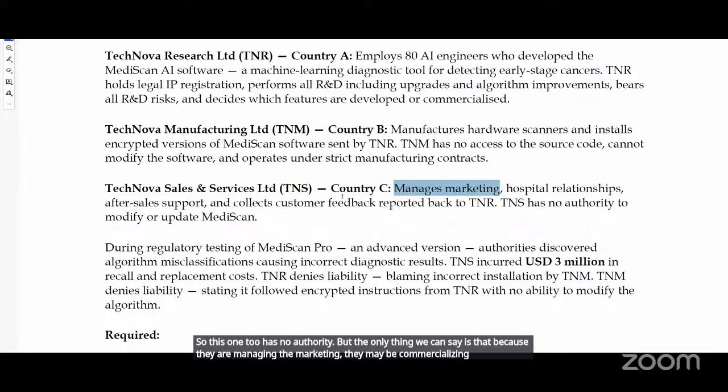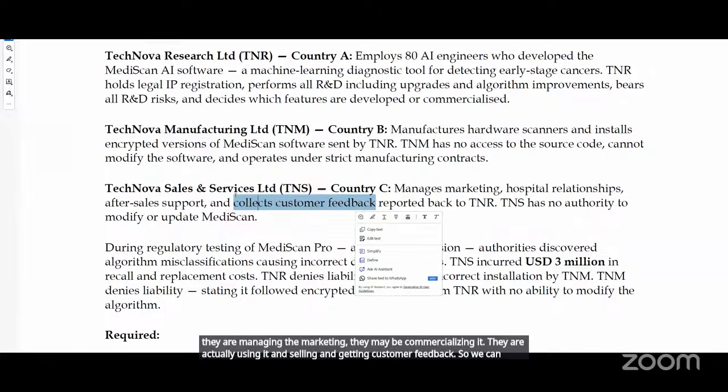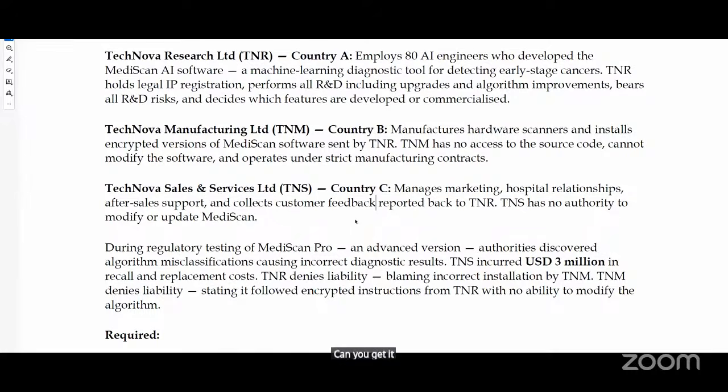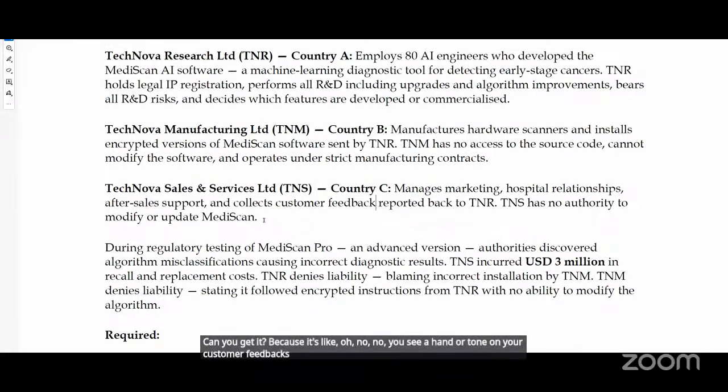They are actually using it and selling and getting customer feedback. So we can say that TNS somewhat enjoys some of the exploitation. Do you get it? But they can't modify or update the software, so they have no control.